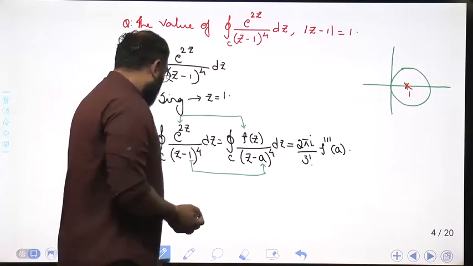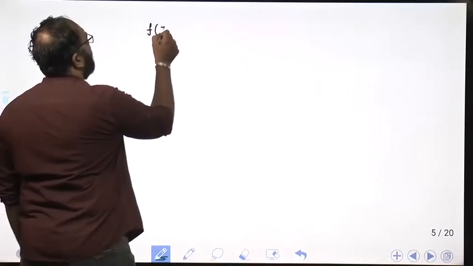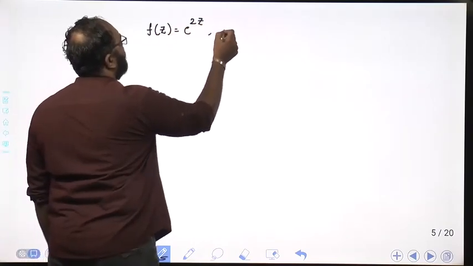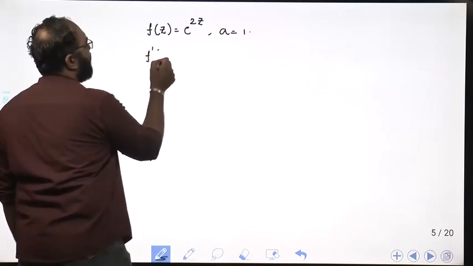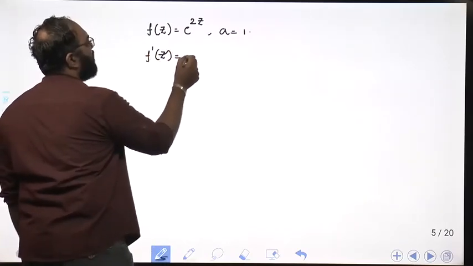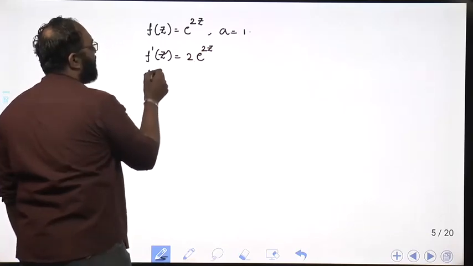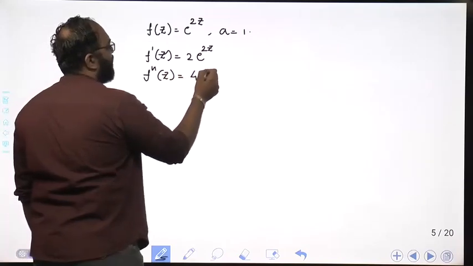So then f of z we are having as e to the power 2z and the value of a is 1, right? So then what is f dash of z? Derivative of e to the power 2z, 2e to the power 2z, again the double derivative of f of z, that is 4e to the power 2z, right?